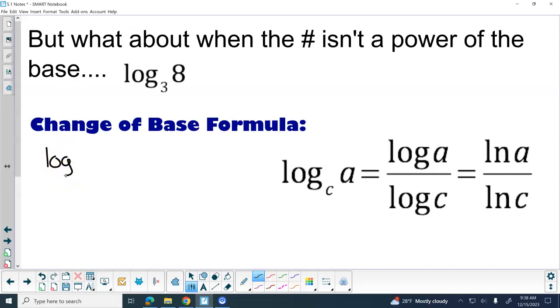If you just see the word log, we are assuming that that is log base 10, otherwise known as the common log.